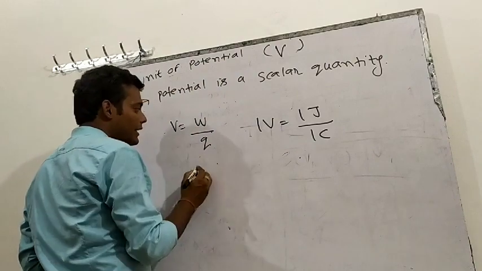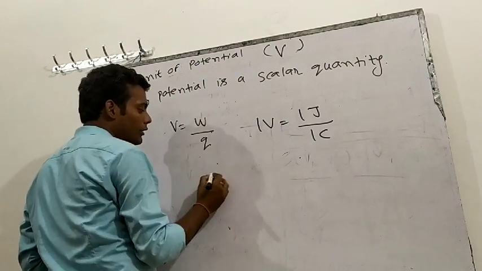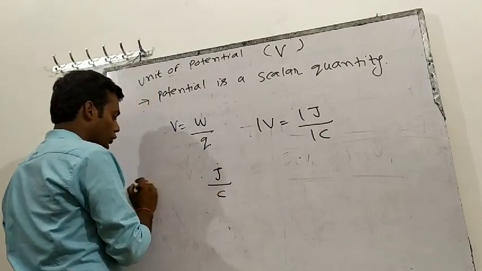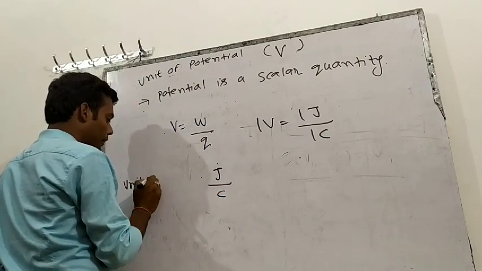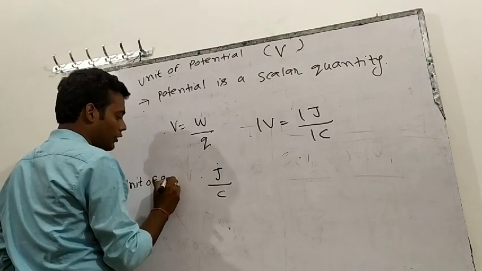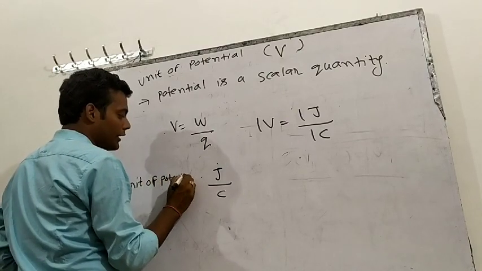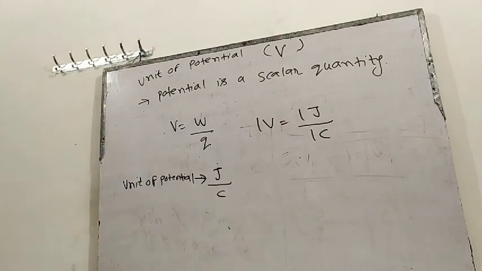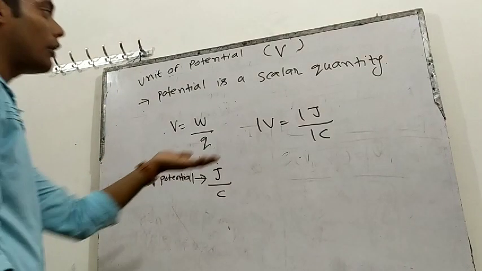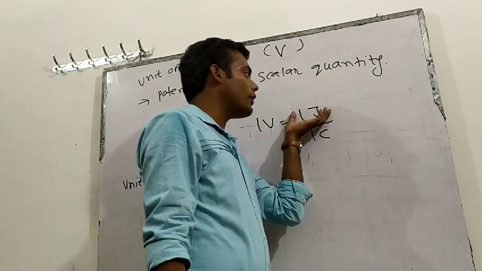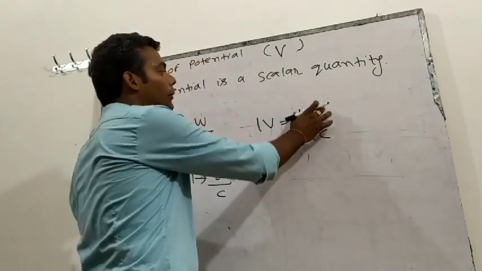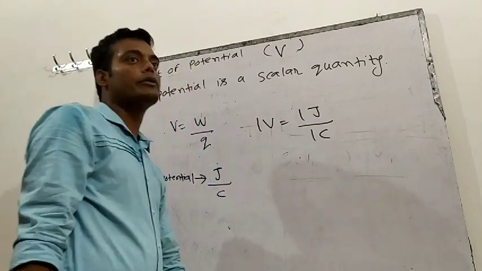The unit of work done is joule, and the unit of charge is coulomb. So the unit of potential is also joule per coulomb. This is also a unit of potential. And how will we define 1 volt? 1 volt is defined as the ratio of 1 joule and 1 coulomb.